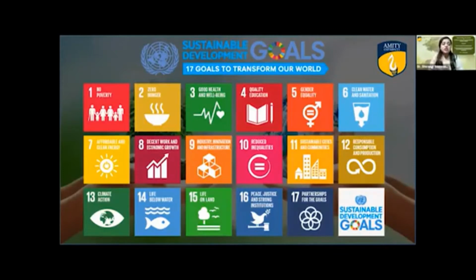The third SDG is good health and well-being. Good health is essential to sustainable development, and the 2030 agenda reflects the complexity and interconnectedness of the two.